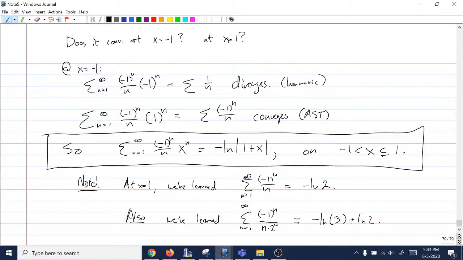We can sometimes evaluate power series, and those give us series that we've evaluated. Evaluating a power series means evaluating infinitely many series, because you've done it for infinitely many x values.